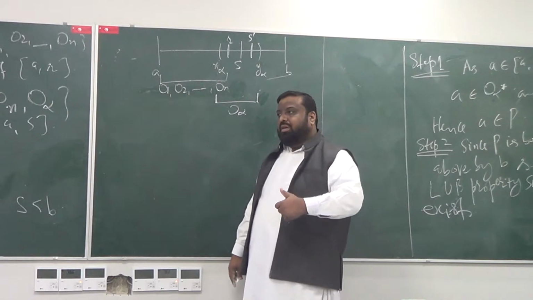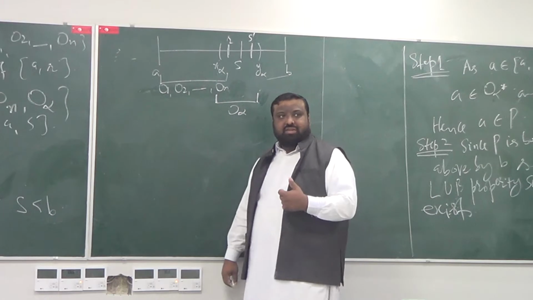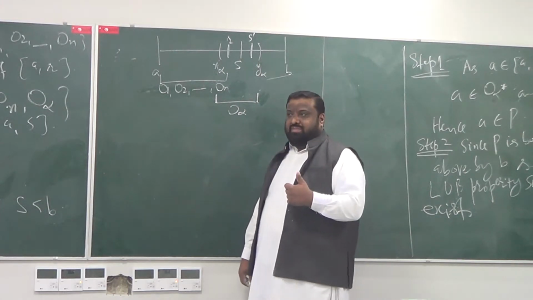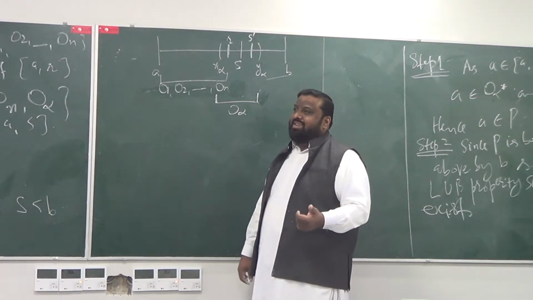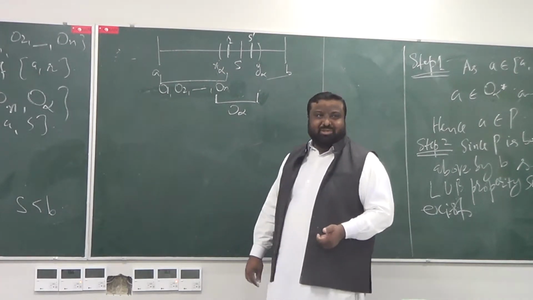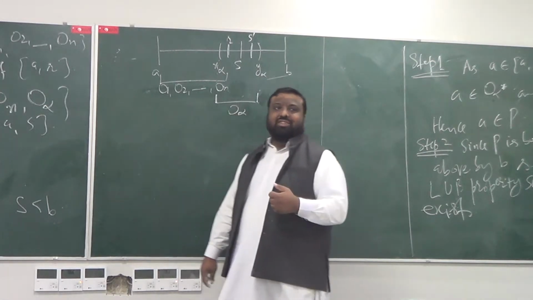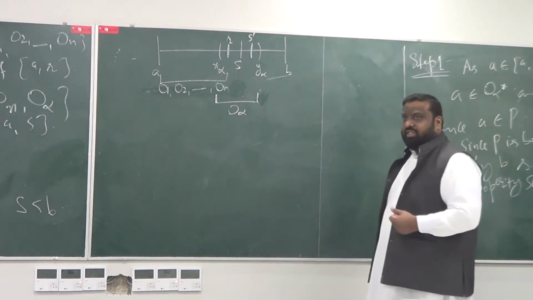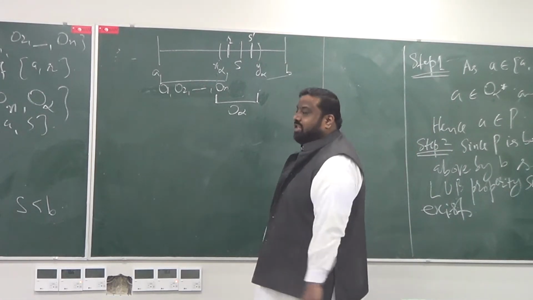S prime belongs to P. But wait a minute. S prime is bigger than S. Yes. Wow, you found something which is bigger than your supremum in the set actually. So it's a straight contradiction. Is it making sense?